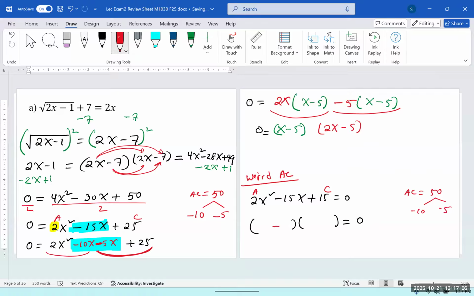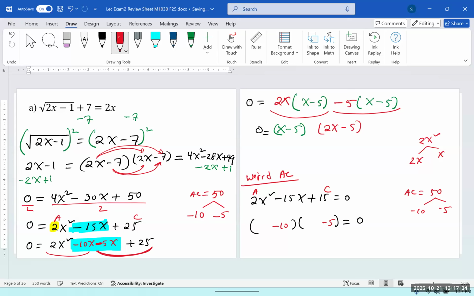So use -10 and -5. Just like the normal factoring. You find the two factors, put them in the two parentheses. And then you split 2x squared. So when you split 2x squared, we're supposed to have 2x and 1x, right? This is the normal way of doing it, 2x and 1x.